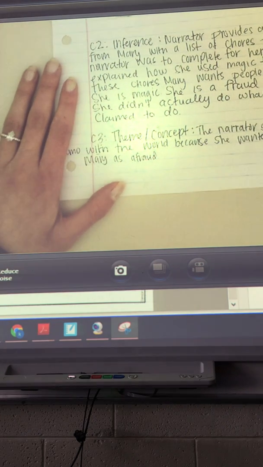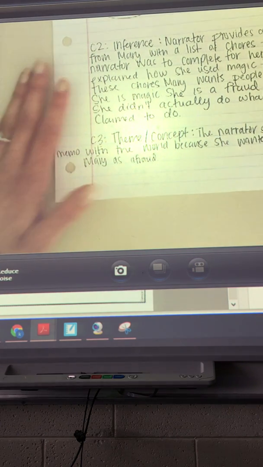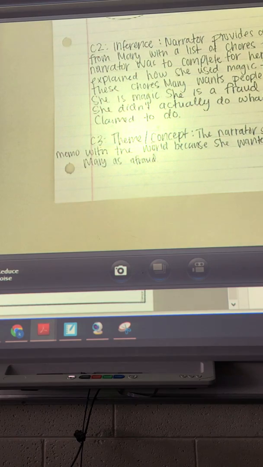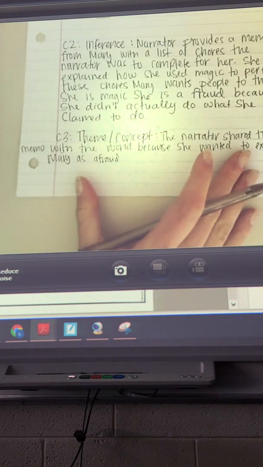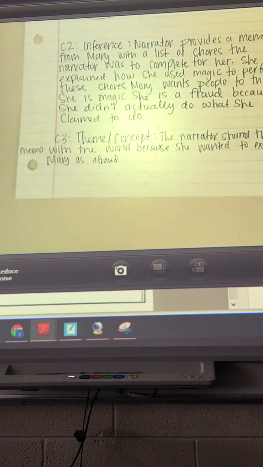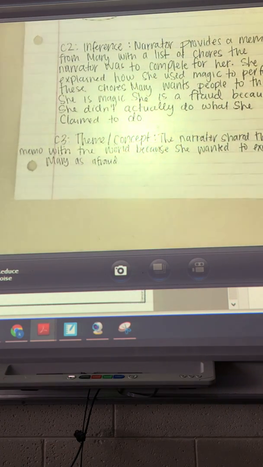Now, looking back at that question, it says, what ideas does she want to share? So she wants to share the idea that people should not take credit for other people's accomplishments, right? She's basically saying that this is not just. She feels like she did all of that and Mary got all of the credit. So she wants people to know that you can try to take credit for other people's accomplishments, and you can't do that, right?